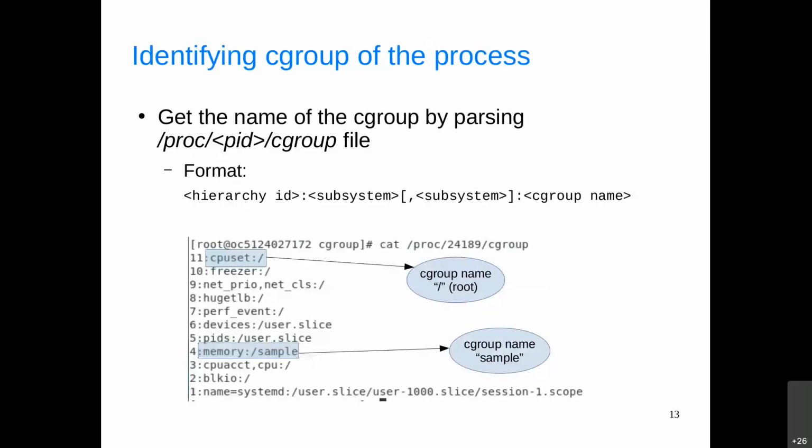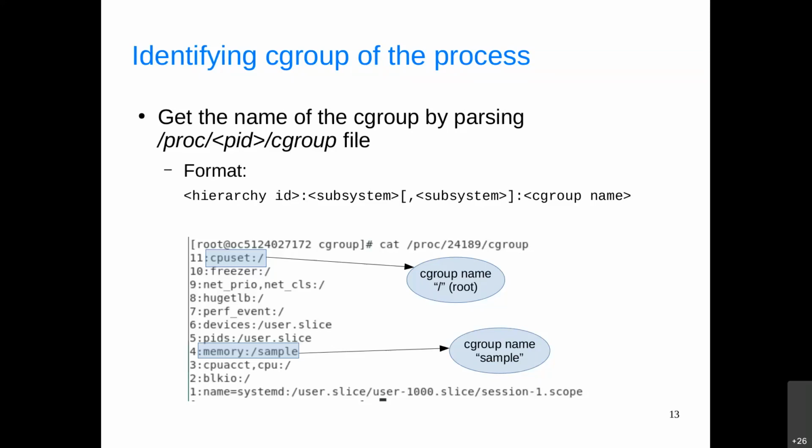Before it can read the information from these files, the JVM also needs to identify which C group it belongs to, and it obtains that information by parsing the cgroup file in the proc file system under its PID directory. On this slide, I have shown an example of the cgroup file of one particular process, and as you can see, it has the list of all the subsystems along with the C group that the particular process belongs to within that subsystem.